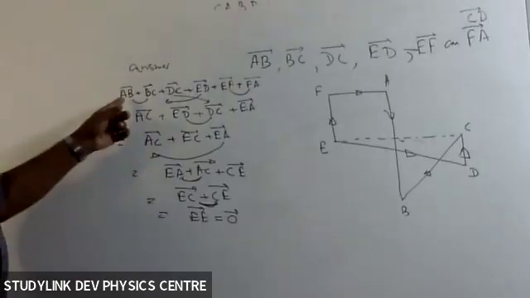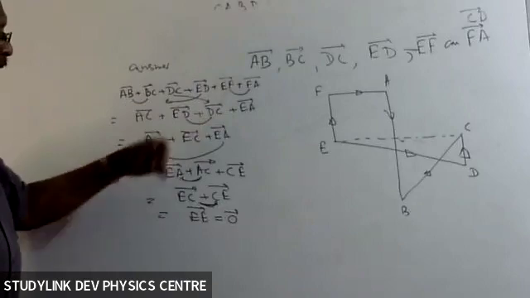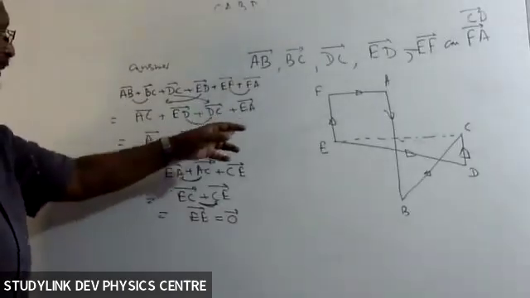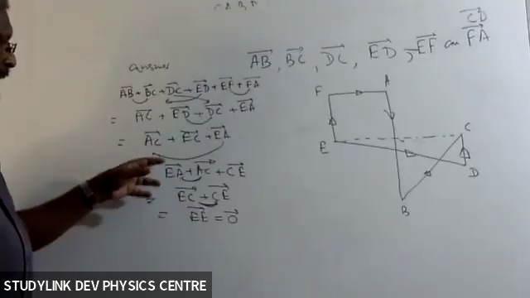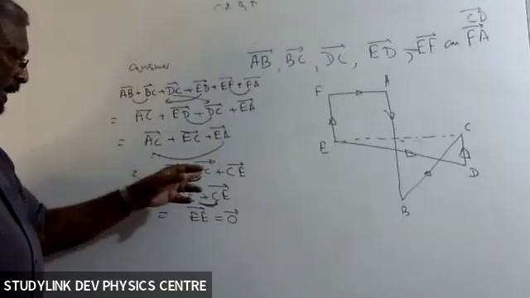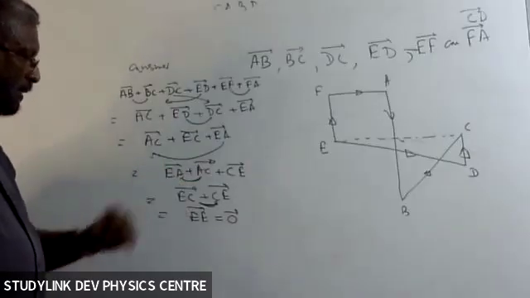If you want, I'll explain it again. This type of change is called reordering. So EA is taken near AC. Then we can make A in the middle like this. Then it is easy to get the vector addition.